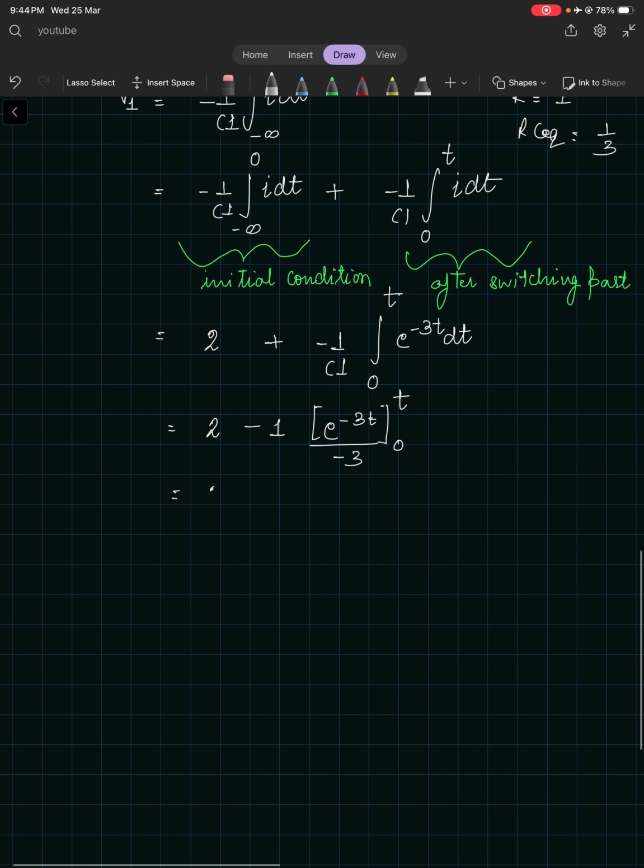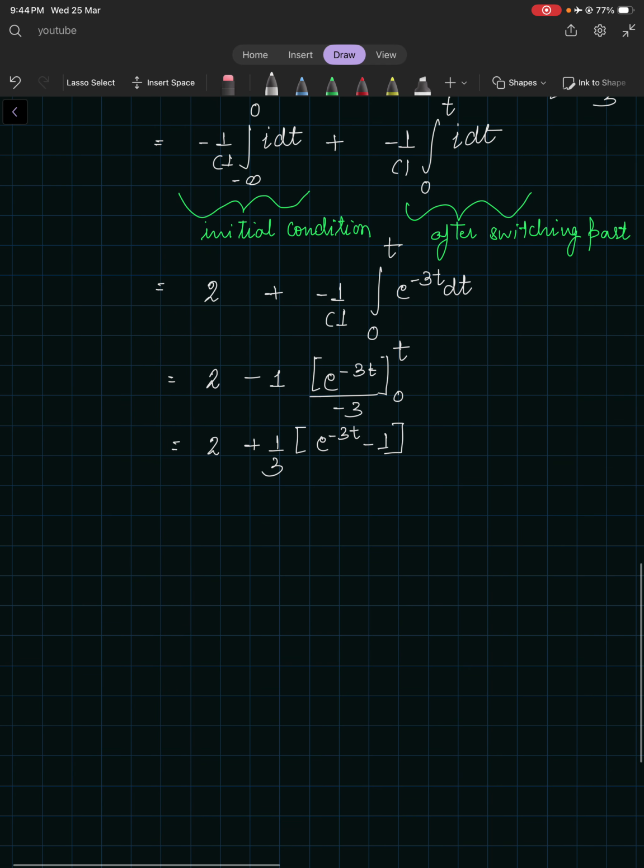Again 2 is there, minus sign is there, minus minus cancel, so 1 by 3 times e to the power minus 3t minus 1.